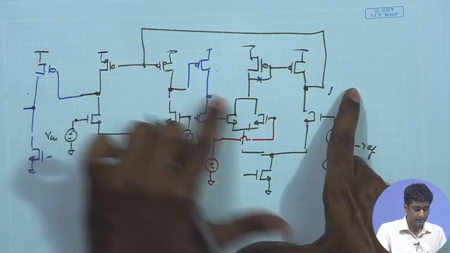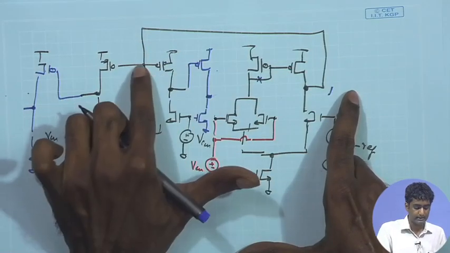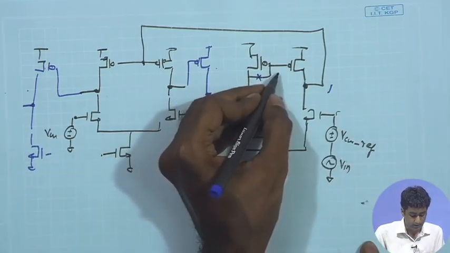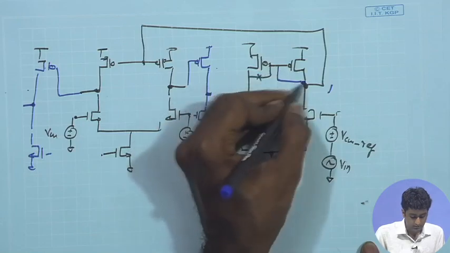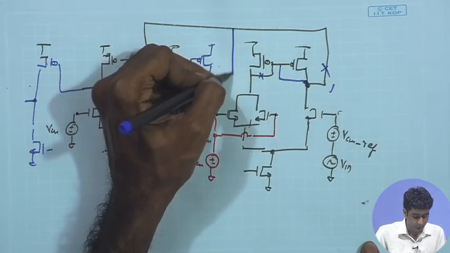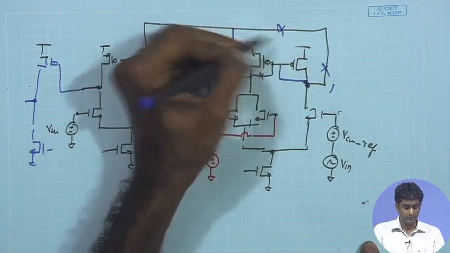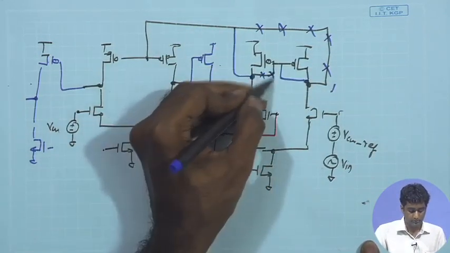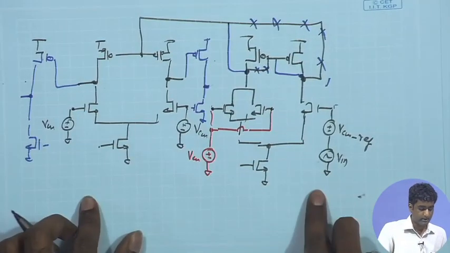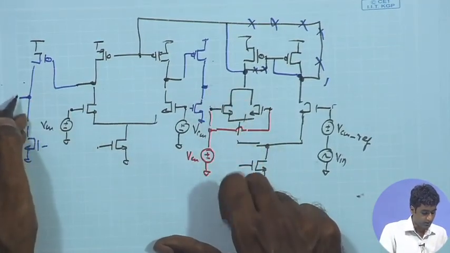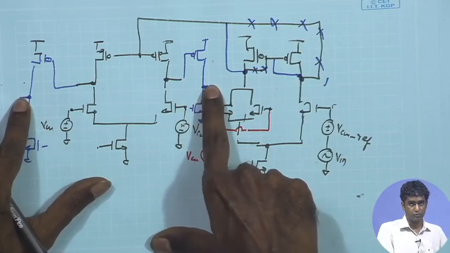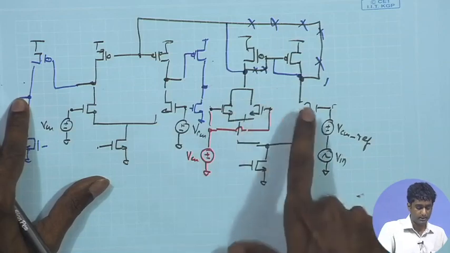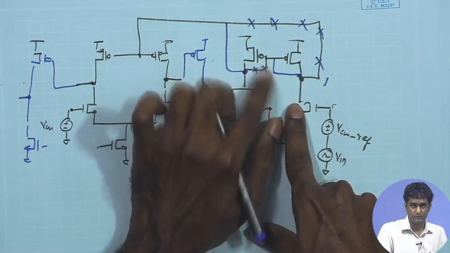Rather than that, I would like this particular drain voltage to be applied at this point, and to do that I will make this the output node, and therefore, I will have to make this diode connected and take the output from here. So, this will be out, and this becomes my new output, this will be also out, and when I am taking the VO1 and VO2 from here, in order to ensure negative feedback across the loop, I have to change the polarity of the diode connection.